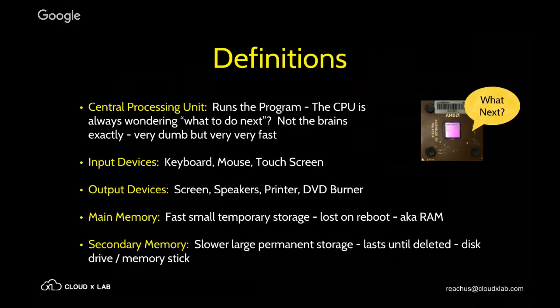Okay. The main memory is the fast, small, temporary storage. Keep this in mind that generally the main memory, we also call that RAM, random access memory, and it's a small memory in which you only load a small amount of information, not too huge. Earlier it used to be something like 4 GB.